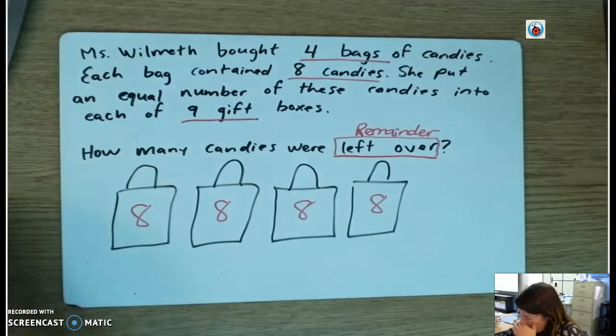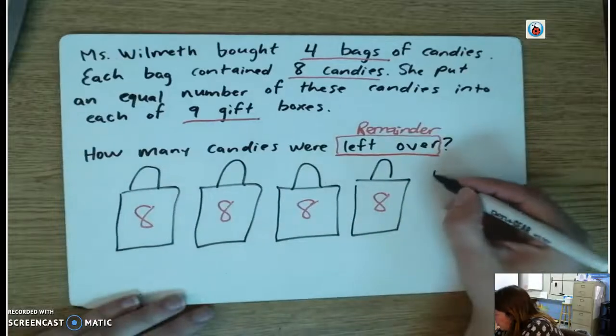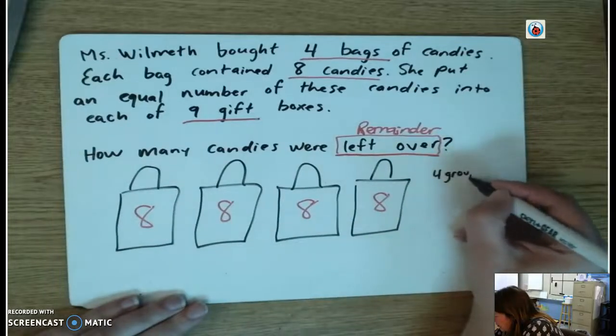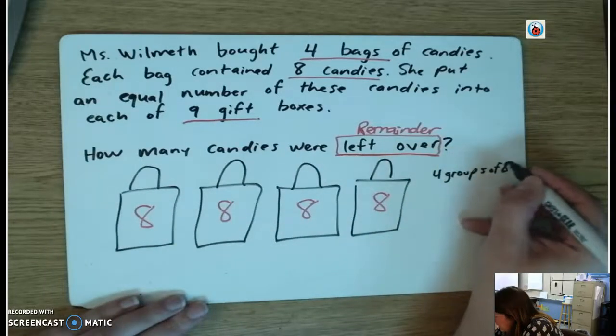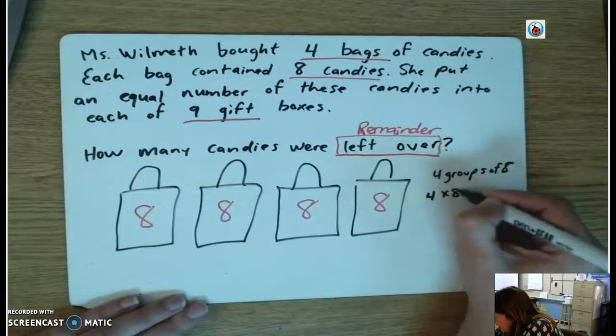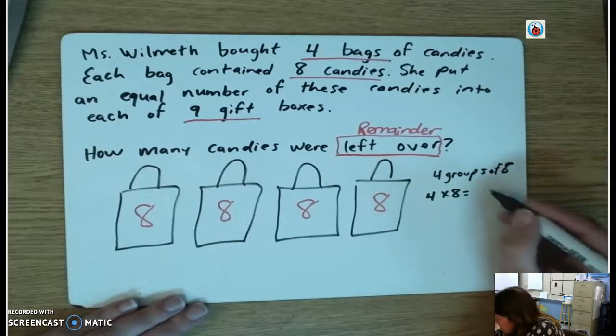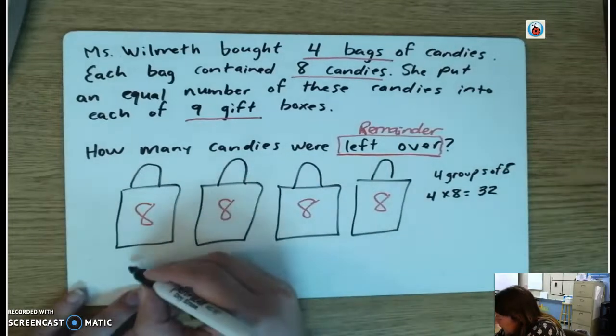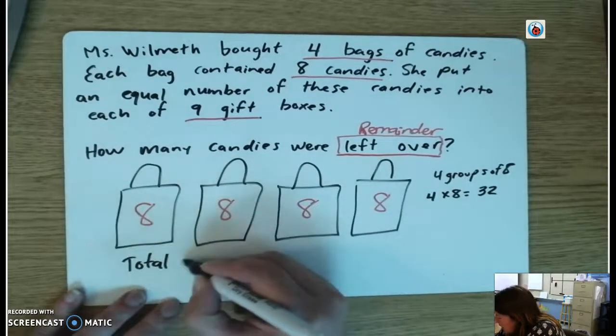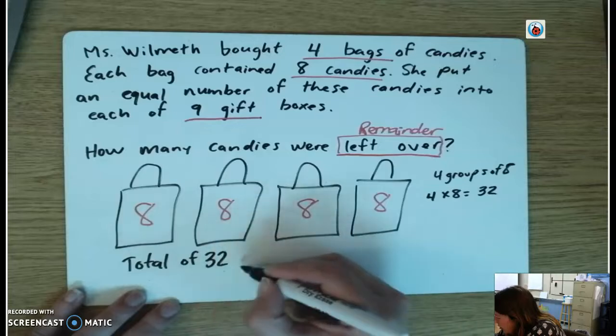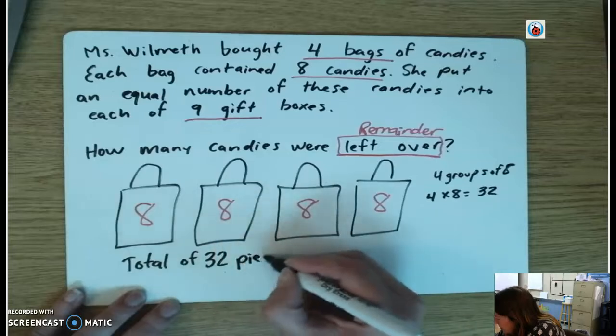That's a multiplication problem. So 4 groups of 8 is the same as, right, 4 times 8. So if we know our multiplication facts, we know that 4 times 8 is 32. So we know there is a total of 32 pieces of candy.